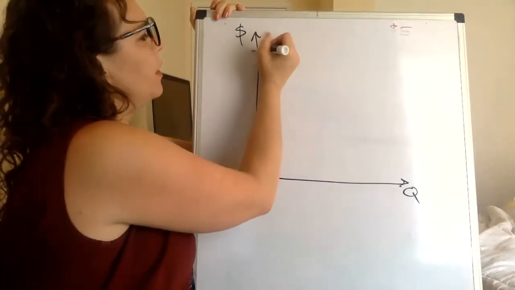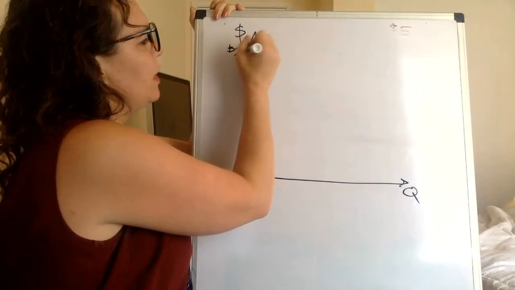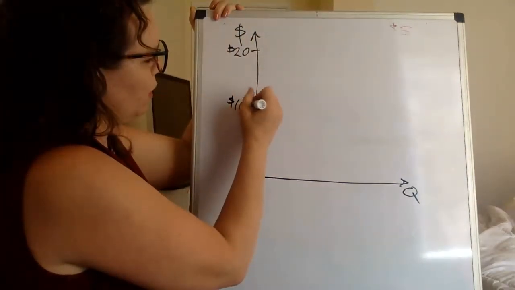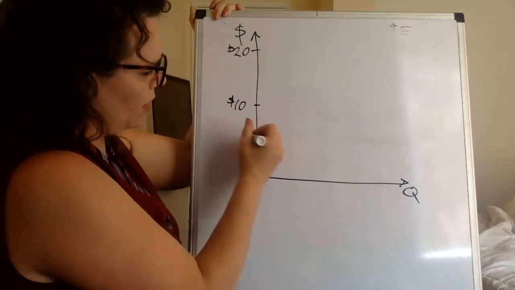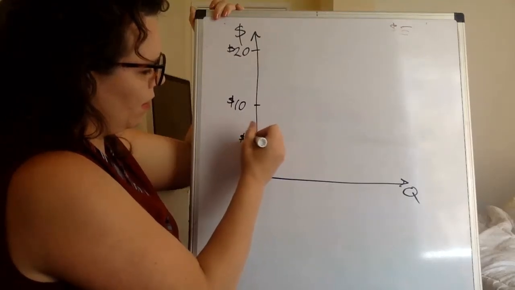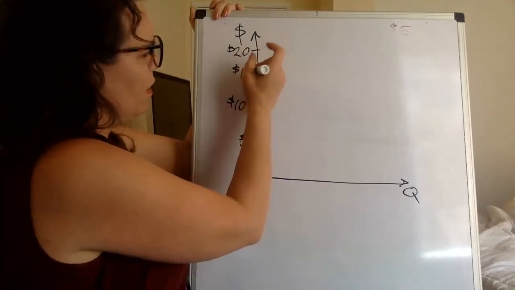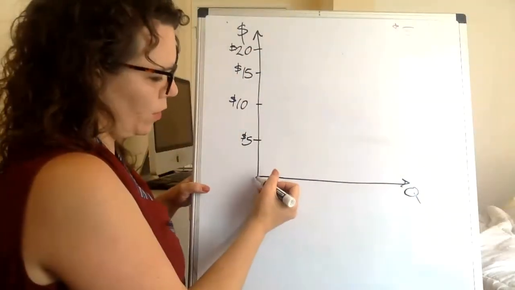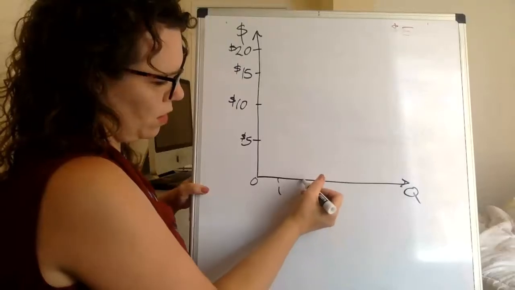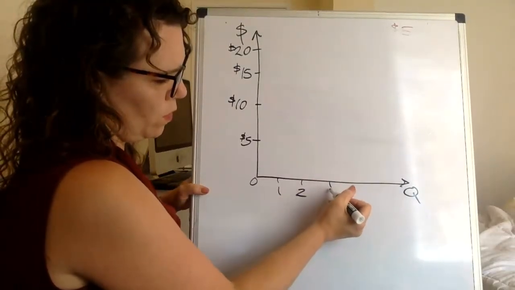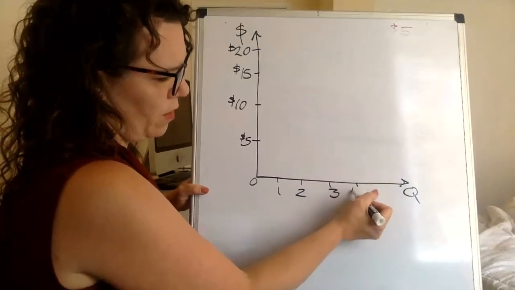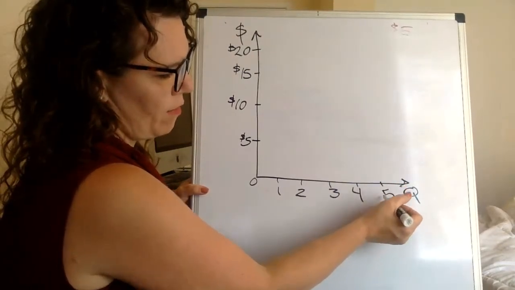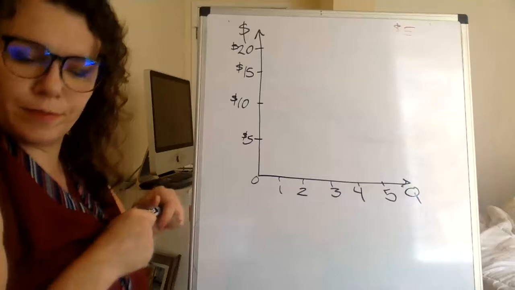So I'm going to go up here and put that be $20. And that's going to be $10. And then that'll be 5 and 15. And that should get us started. Then I'm going to go from 0 to 1, 2, 3, 4, and 5. All right.